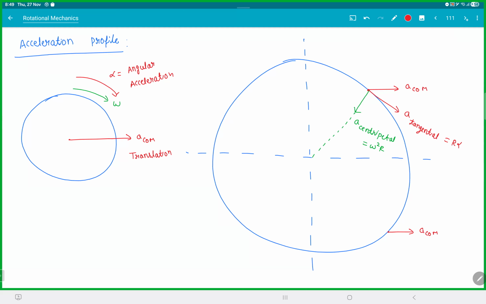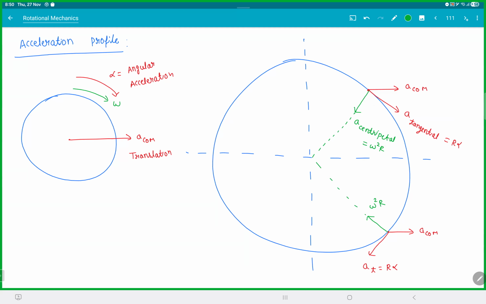acceleration of center of mass, right? And this will be your a tangential, which is r alpha, and omega square r centripetal acceleration.